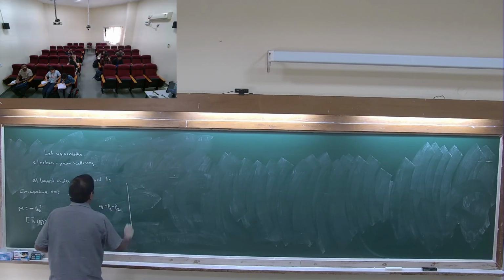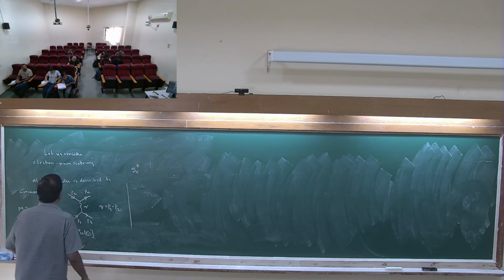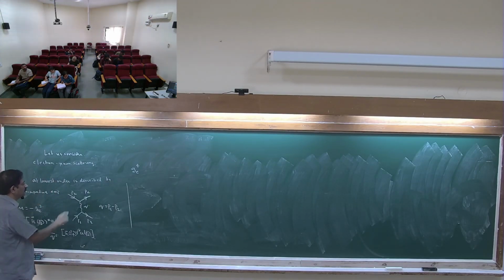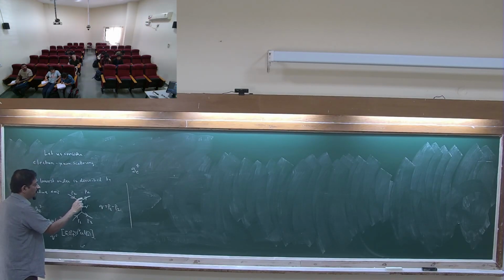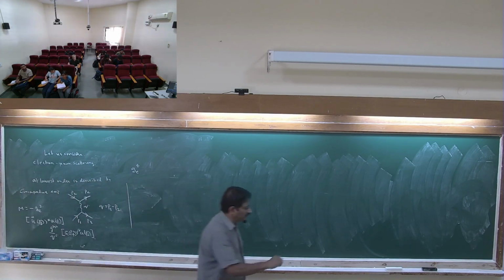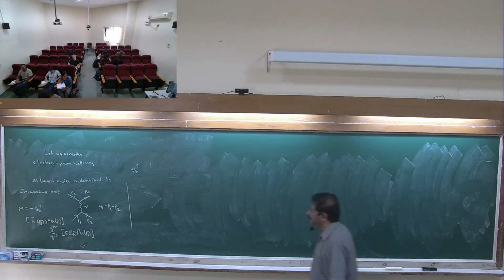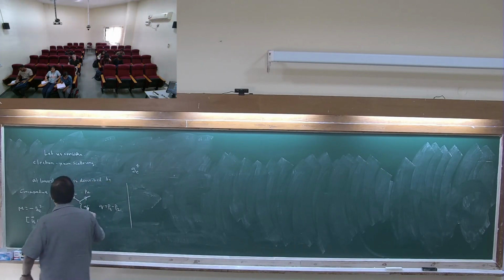Now, if you go to order g to the 4, how many diagrams can you have? You can have many diagrams. For instance, you can have this thing emit a photon and reabsorb, or this, or this, or one of them emits this and then goes there, and another, this kind of thing. So there are many contributions, but the only one that we will need for this particular purpose is something that is going to correct this internal line over here, okay?